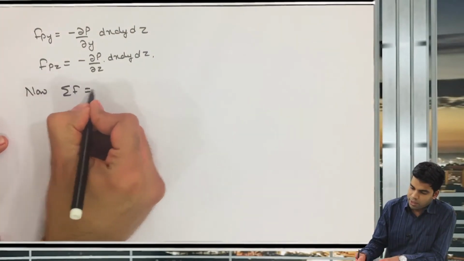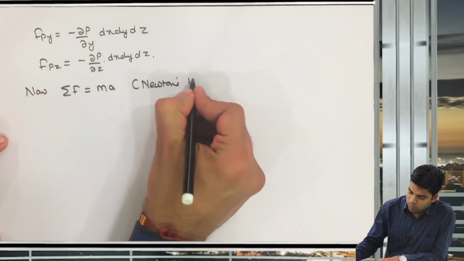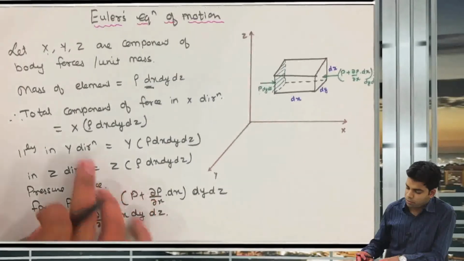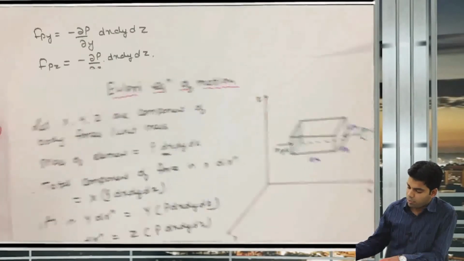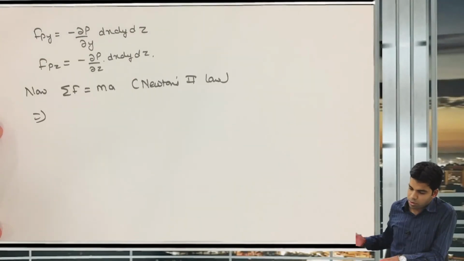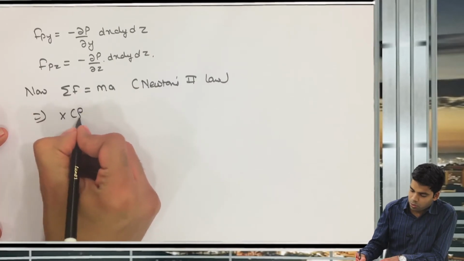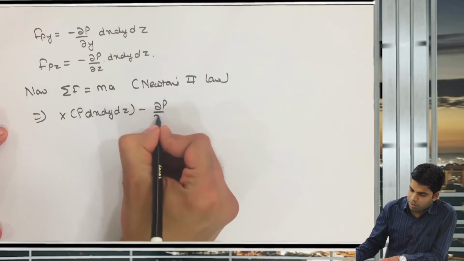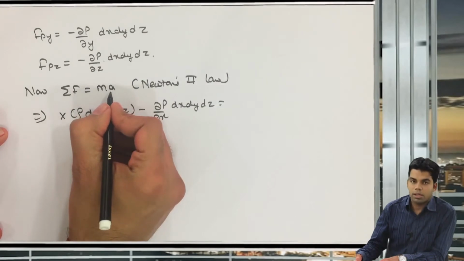Now we know the summation of F net is equal to m into a. This is Newton's second law. The net force acting is equal to the total body force plus the pressure force. Considering the x direction, the net force is X into rho dx dy dz minus del P by del x into dx dy dz, equal to m into a.